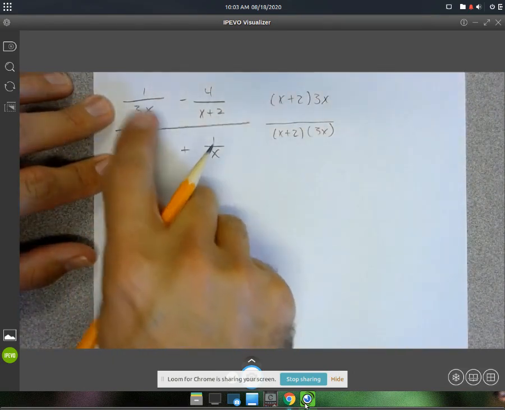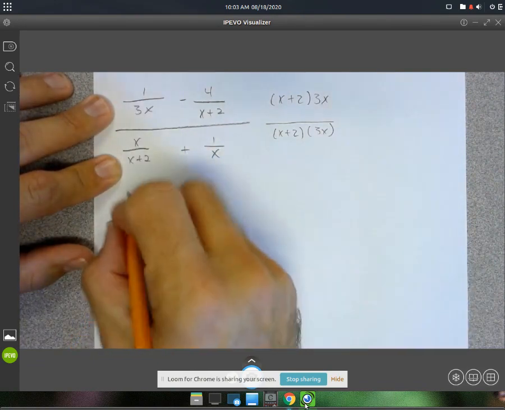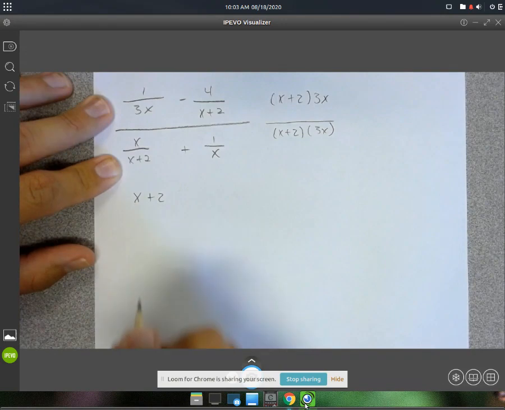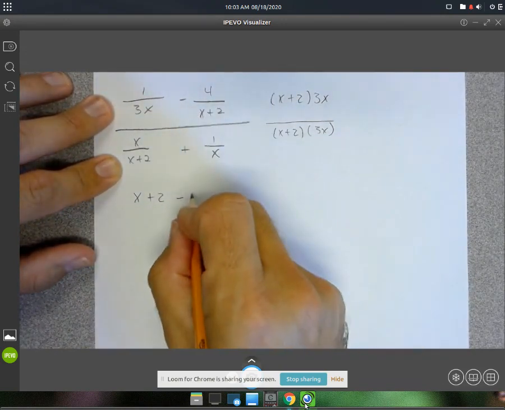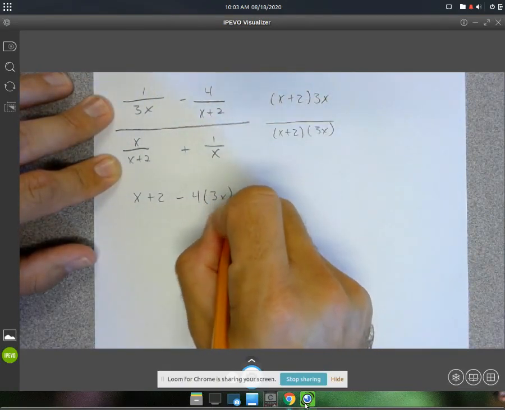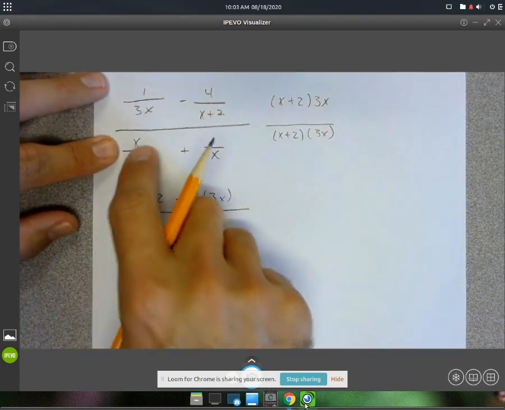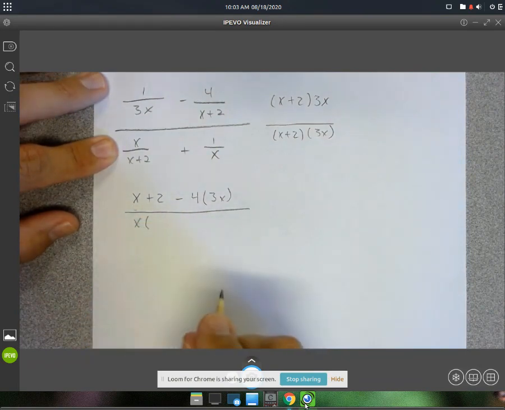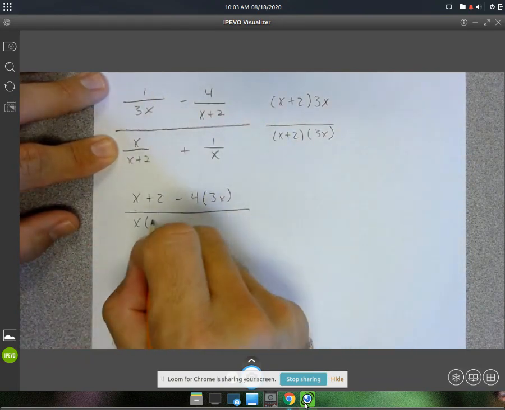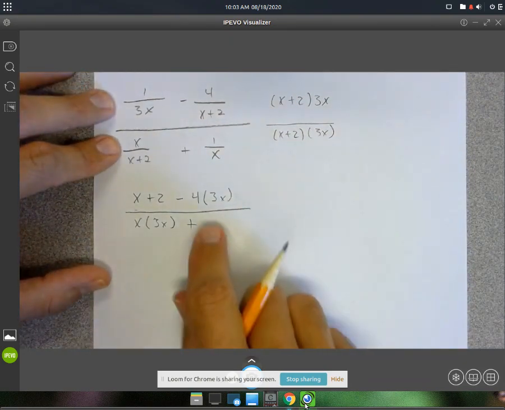All right. So that times 1 over 3x. The 3x's cancel, and we're just left with x plus 2 minus, for this one, we'll have a 4, and then the x plus 2's cancel, so we're left with a 3x over, let's see here, we'll have an x, the x plus 2's cancel, and we have a 3x plus, let's see here, we have a 1, so that doesn't do anything.